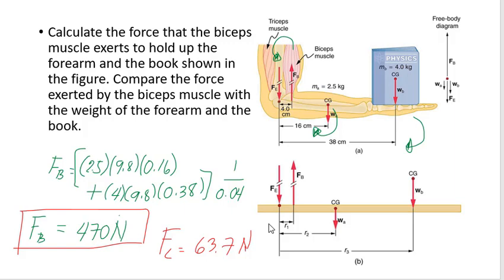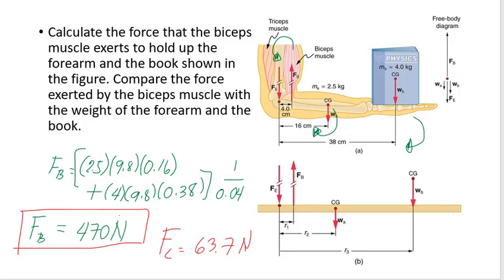Considering the mass of the arm and the mass of the physics book, their weights are equivalent to 63.7 newtons, which is small compared to the force that the biceps muscle has to exert. As you can see here, there is a shorter lever arm for the biceps muscle. That's why it has to exert a greater amount of force to keep it balanced, so that the second condition of equilibrium is satisfied.